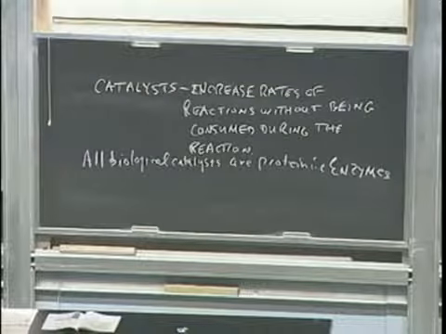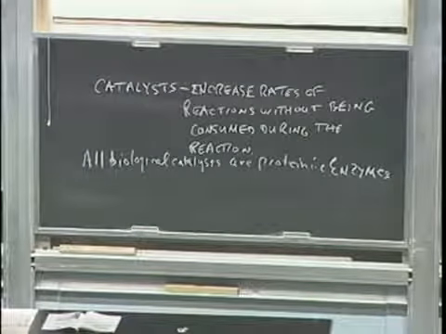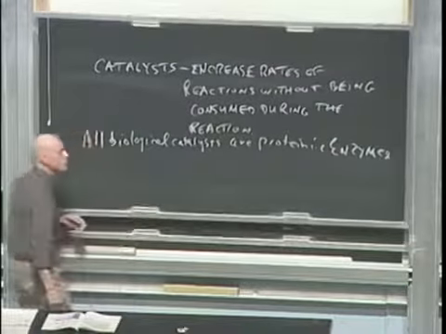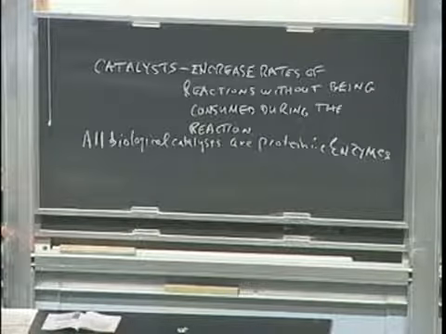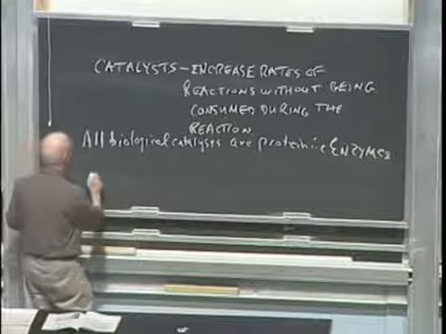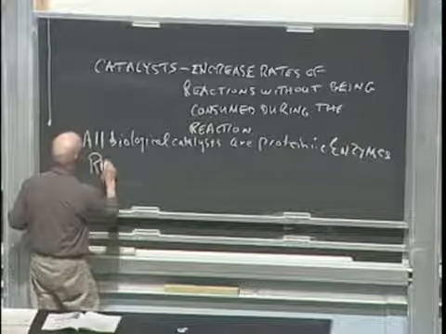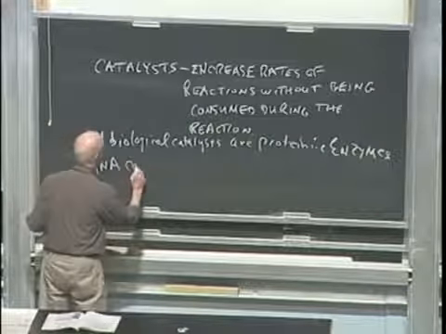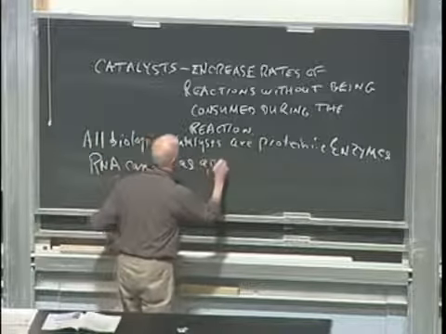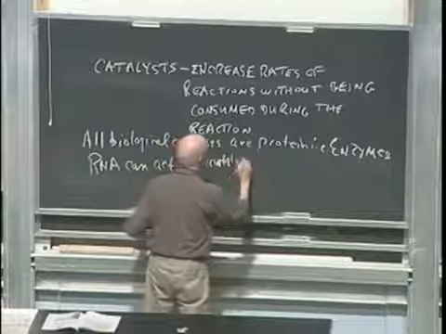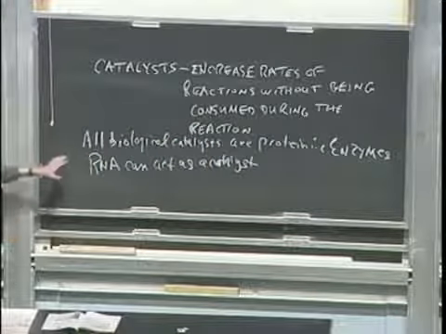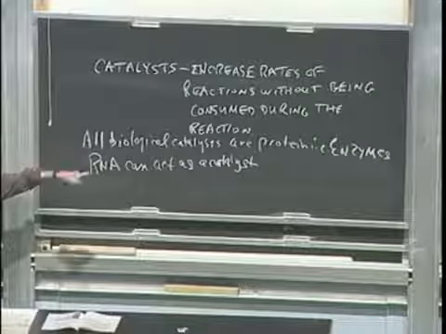Well, what happened in the 70s, I suppose, into the 80s, two scientists in particular, Tom Cech and Sidney Altman, discovered that there are catalysts which are RNA molecules. RNA can act as a catalyst. So this statement, all biological catalysts are enzymes, is wrong.